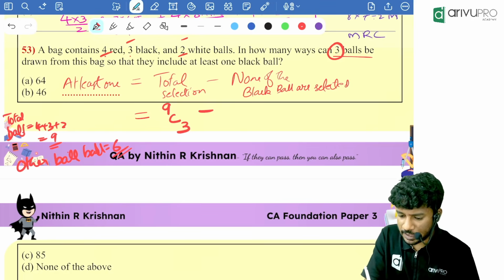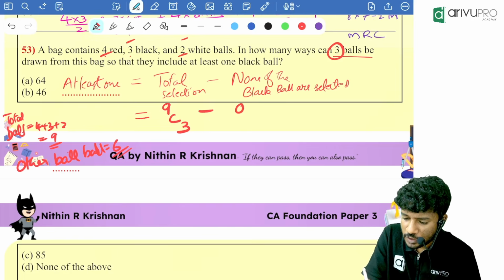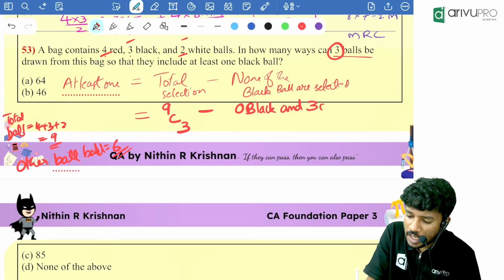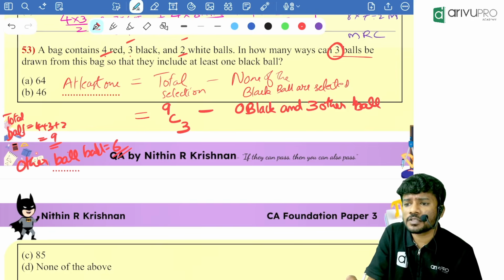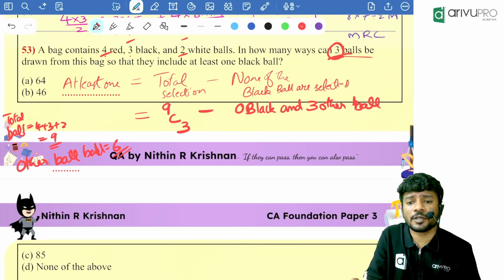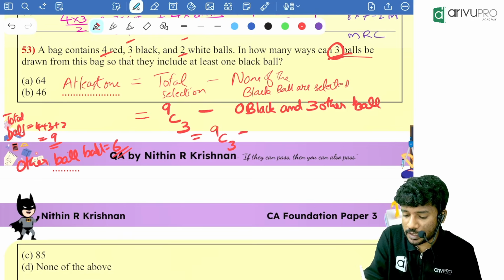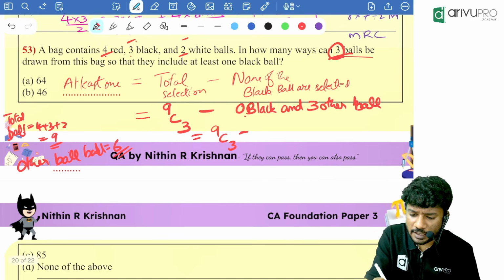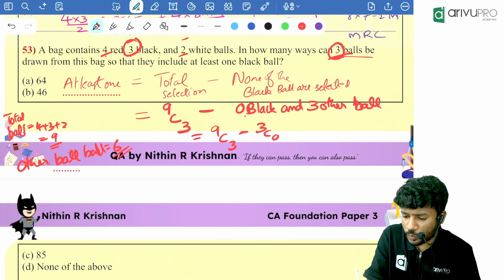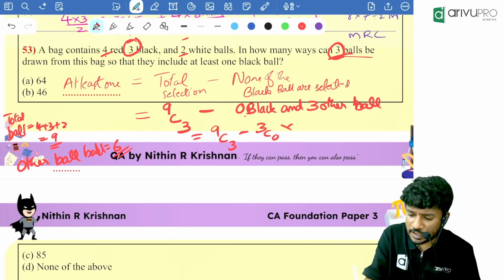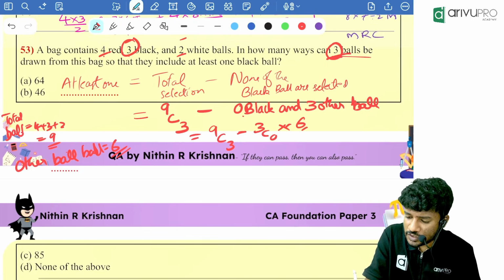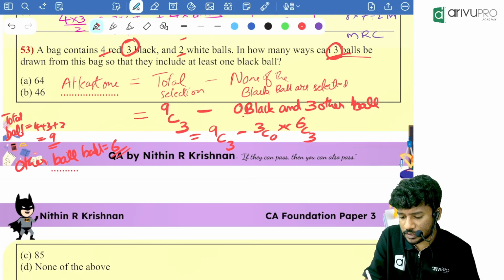Can you tell me like this? 9C3 minus 0 black and how many? 3 other balls. Why 3 other balls? Why didn't we choose 4 balls? Because in total we are only choosing 3 balls. Now that is nothing but 9C3 minus black. How many black are there? 3. So 3C0 into how many other balls are there? 6 other balls are there. 6C3.